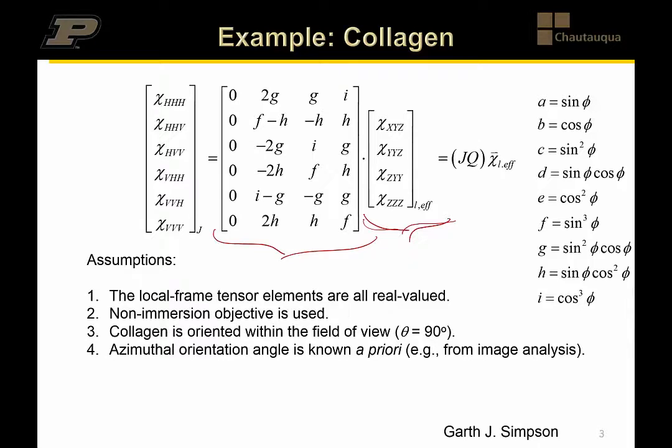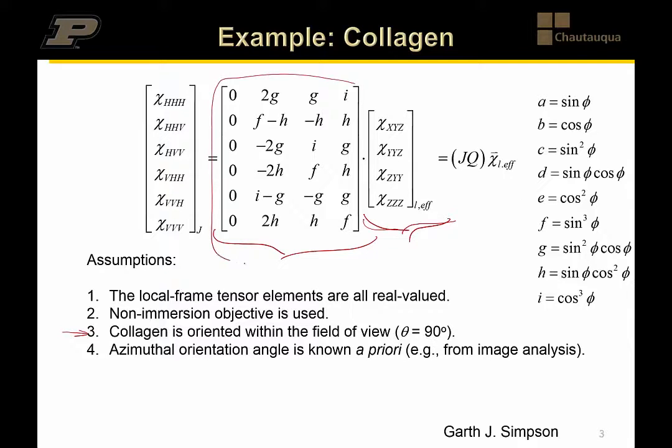And again, we're going to keep things really simple right now and initially consider collagen that is oriented within the field of view. That would correspond to a tilt angle theta of 90 degrees, because theta is defined relative to the optical axis. If we go through our rotation matrices and multiply everything out, we end up with this matrix.